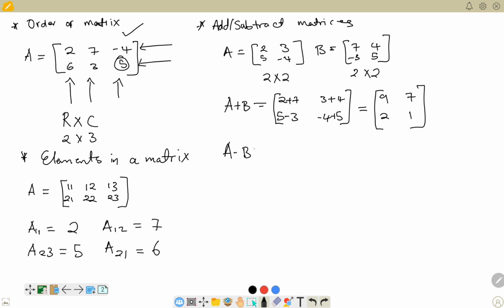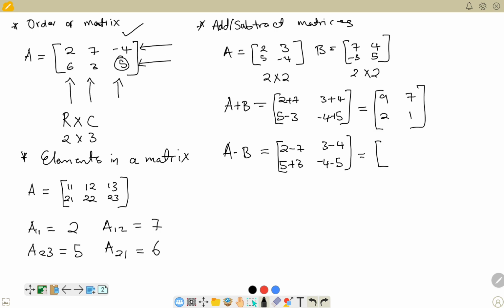How can we subtract? It's going to be the same thing, but now we are subtracting. So it's going to be 2 minus 7, then 3 minus 4, 5 minus negative 3, so it's going to be plus 3. Then negative 4 minus 5, like that. Then we'll get the result.